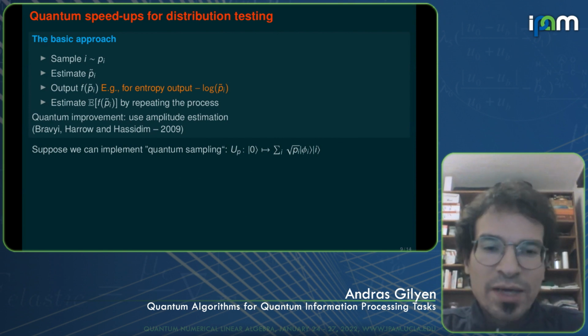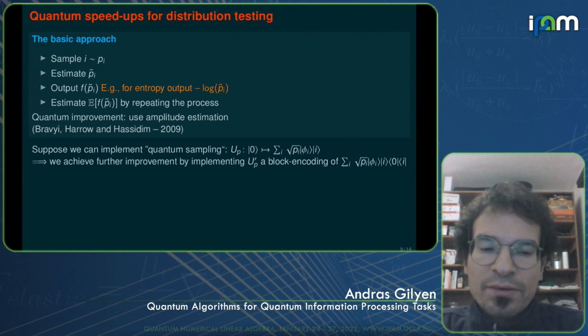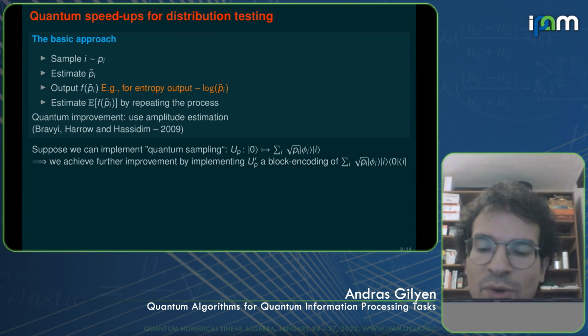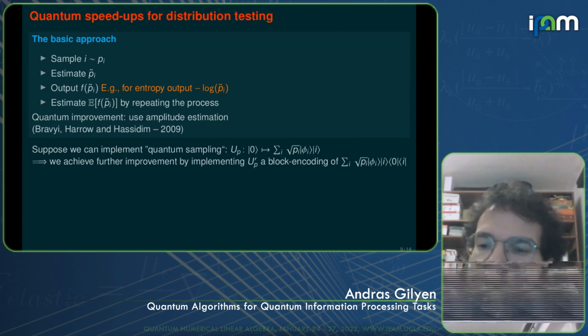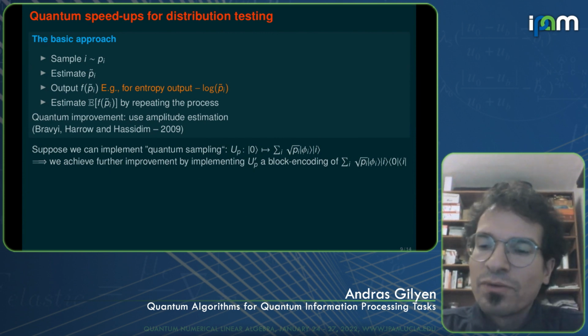Under this assumption, you can apply amplitude estimation. And the realization is that we can achieve further improvement by implementing a block encoding of something which has square root Pi's in the singular values. And that way we can basically skip this intermediate estimation step and somehow directly estimate the expectation value.